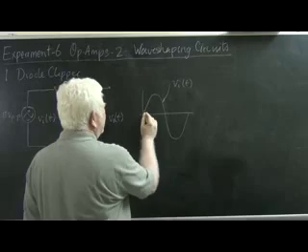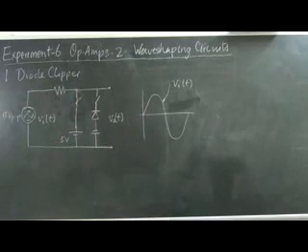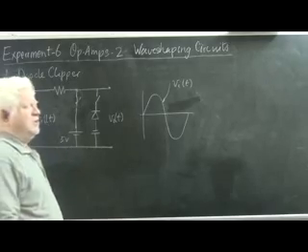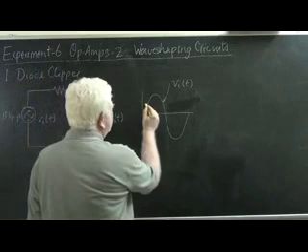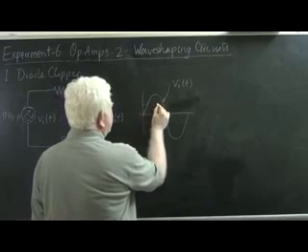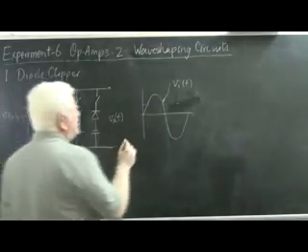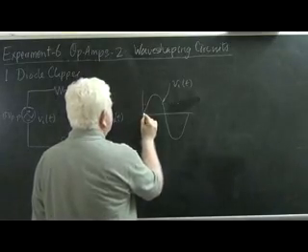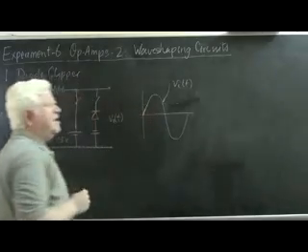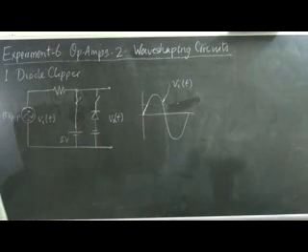So let's start drawing the output voltage. Right, so let's see what happens to the output voltage waveform. If this was the cut-in voltage plus the battery voltage, let's say at this level, then the output voltage rises side by side with the input voltage until this point, and then levels off at VB plus 0.7.